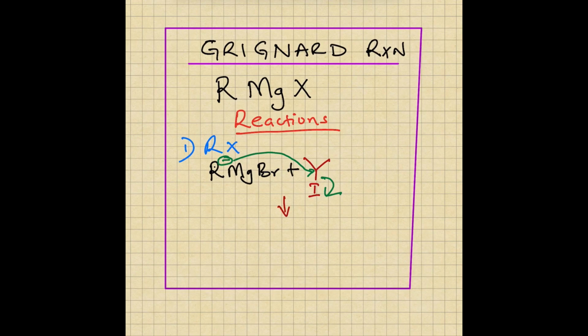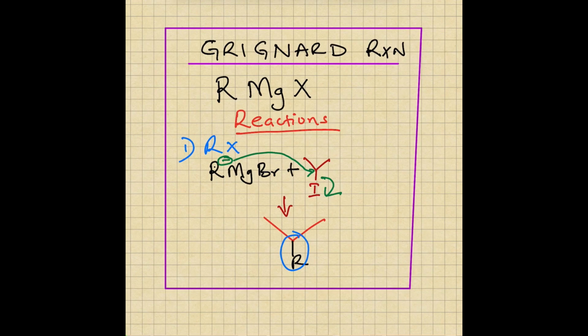And as a result, you end up with that product, but now the iodide has been replaced by the alkyl group. So you end up forming what's called a carbon-carbon bond. So right there, carbon-carbon bond.